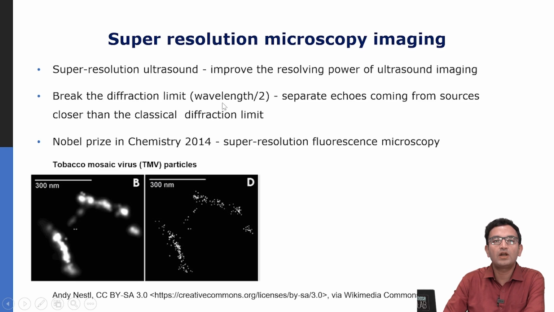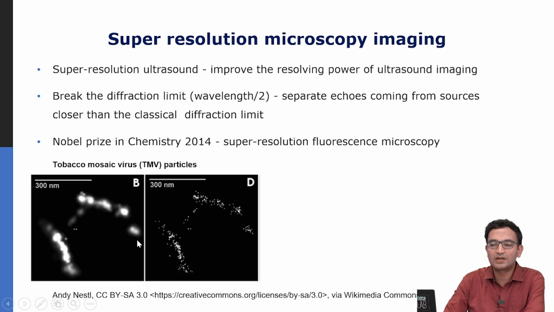So typically you cannot image at a better resolution than the diffraction limit because it is physically limited. But now what this technique does, it separates the echoes coming from sources closer than the classical diffraction limit. And this technique is inspired from an optical technique of super resolution fluorescence microscopy, which was awarded the Nobel Prize in Chemistry in 2014.